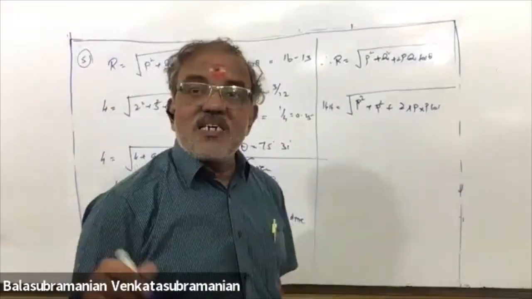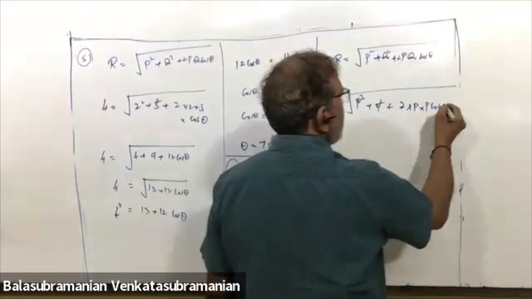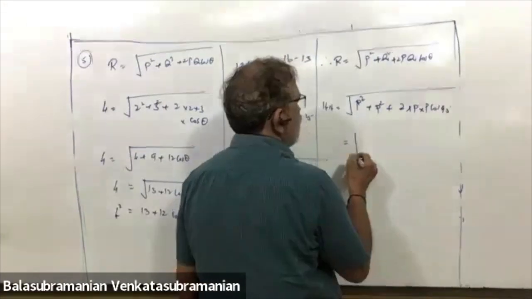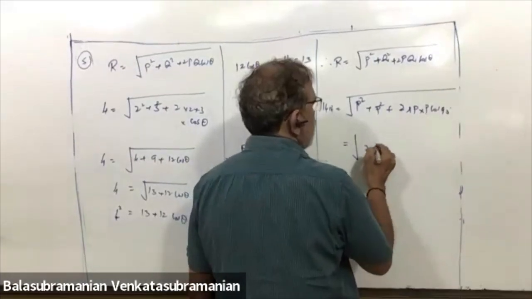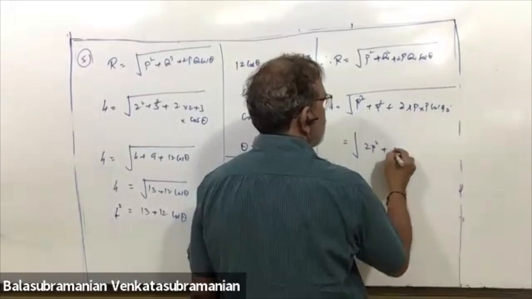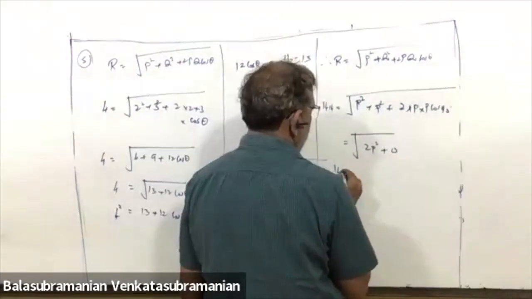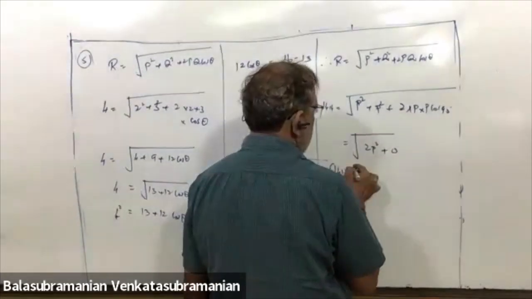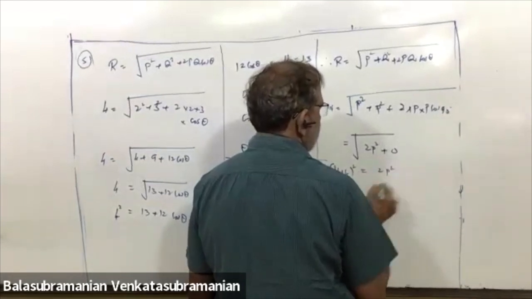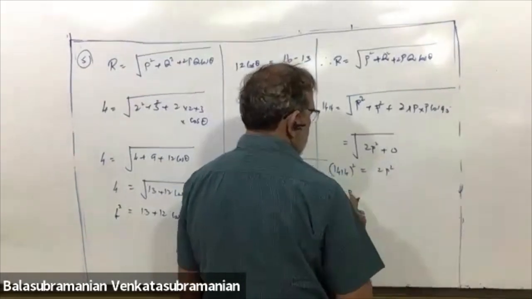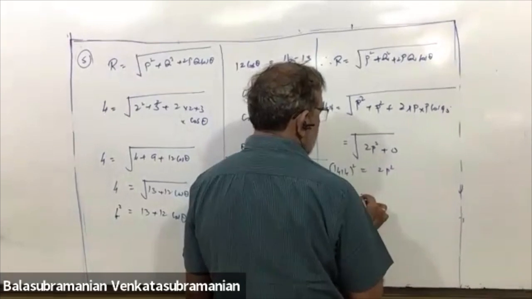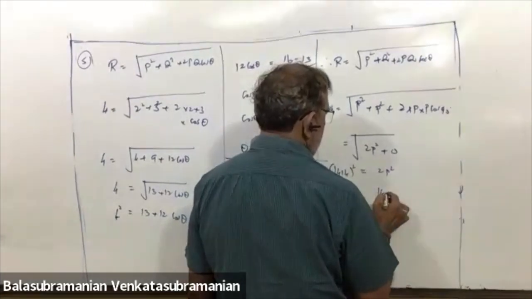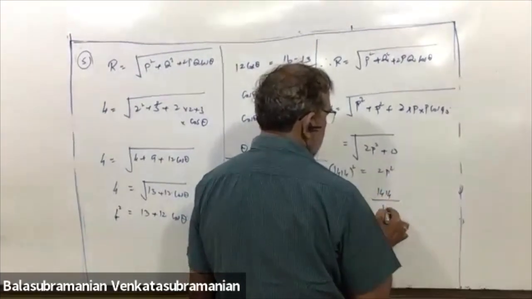At right angles it becomes 90 degrees, so root of 2P square plus this becomes 0. 14 square is equal to 2P square. P is equal to 14 by root 2.